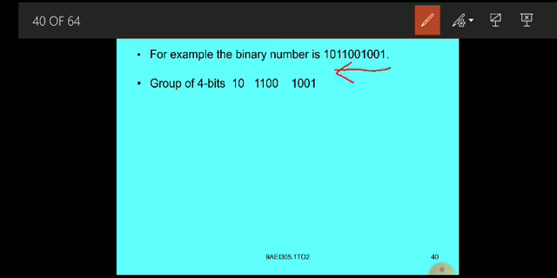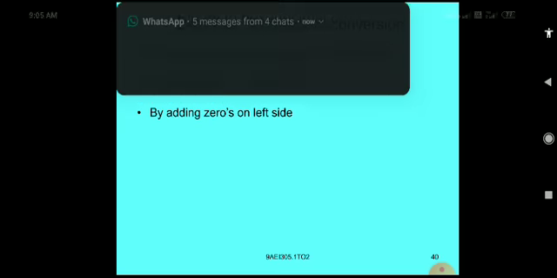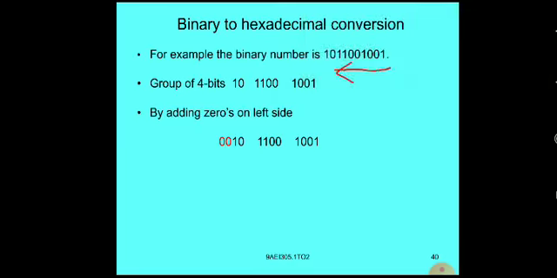Okay, we have made them, but the last group is just 2 bits. You add zeros to the leftmost position. So you will get like this. Okay, by adding zeros on the left side, and write their hexadecimal equivalents.